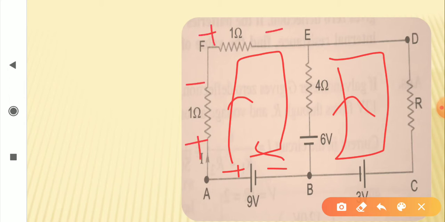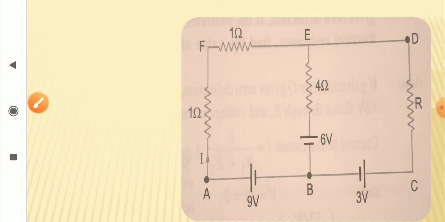You know that current flows from higher potential to lower potential. And for a cell, positive terminal is higher and negative terminal is lower. This is positive and this is negative. Alright. So if we apply Kirchhoff's rule in A, F, E, B, let's see what we get.